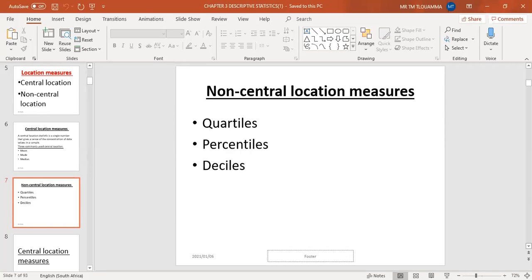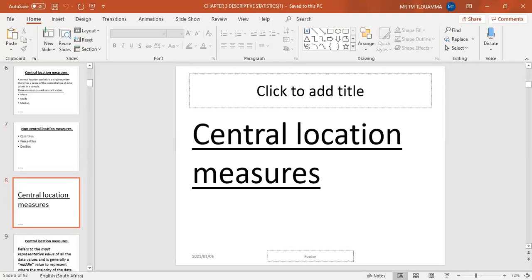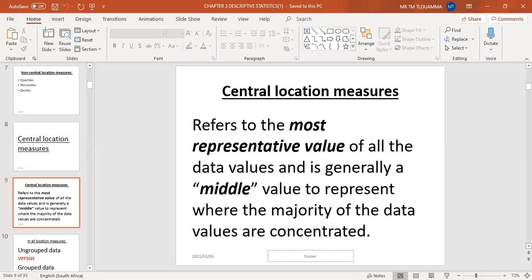It's your responsibility to go and revise these concepts because they're also part of your exam. We already introduced the three central location measures.